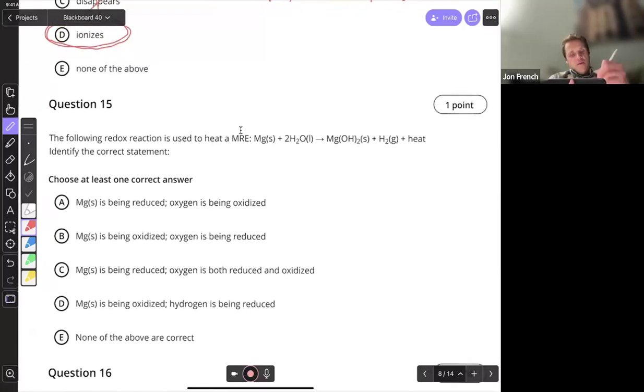Magnesium starts off 0, and in magnesium hydroxide, it is 2+. Within the water, I've got 2 hydrogens at +1 each because my oxygen is -2, so that's neutral. We're going to see the same thing in hydroxide.